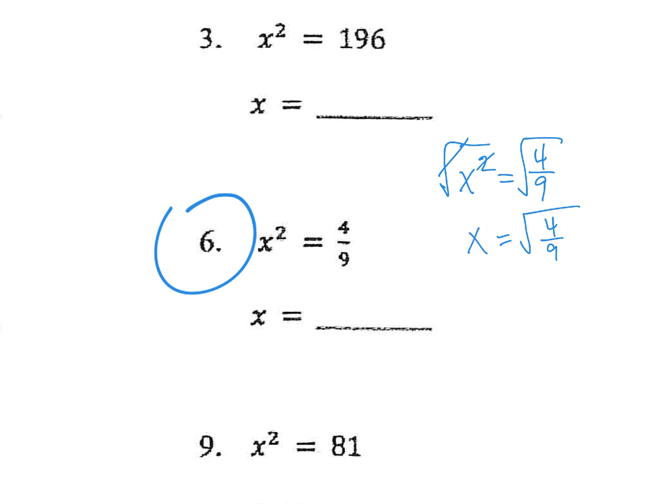So now this is the same as saying x equals the square root of 4 over the square root of 9. The square root of 4 is 2. The square root of 9 is 3. So your answer is 2/3.